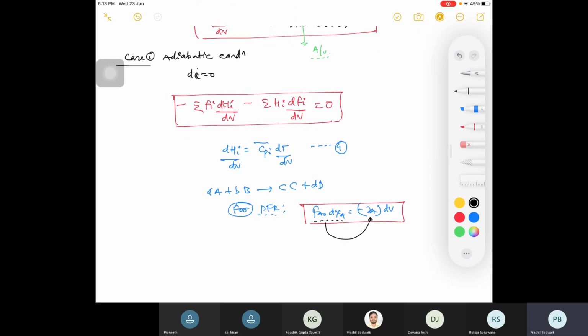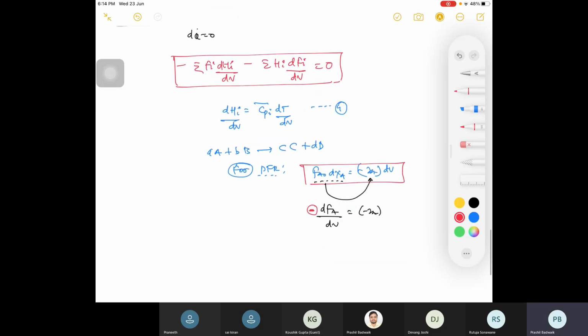So from this you can have your equation, that is your dFA. dFA is your FA naught into dXA. dFA divided by dV, right, is equals to your minus RA. Anything missing here? It is reactant, so we will be having minus sign. Minus dFA is equal to FA naught into XA. Okay, this is for A.